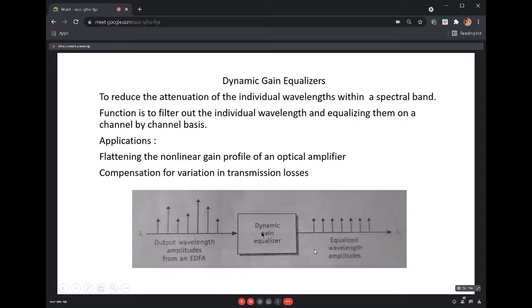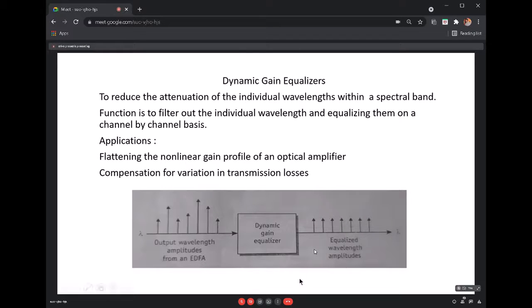Then you will be filtering out the individual wavelengths and equalizing them one channel by one channel, so that you get equalized wavelength amplitudes. That means you will be flattening them.